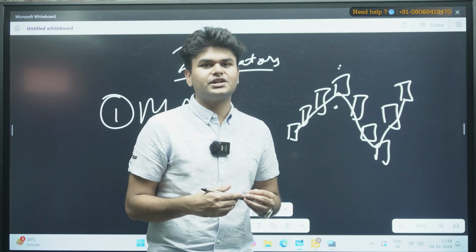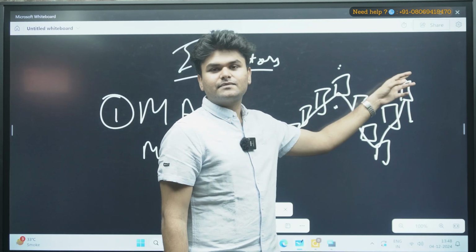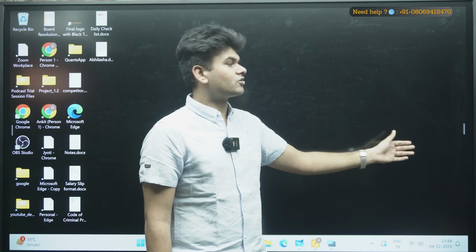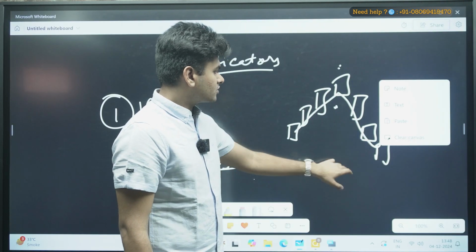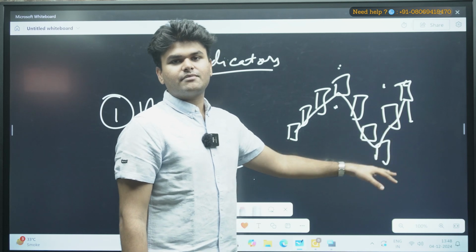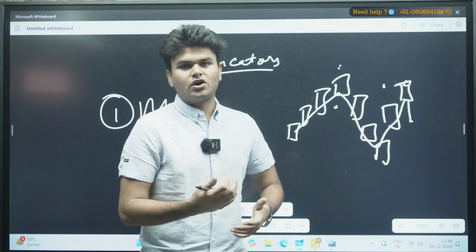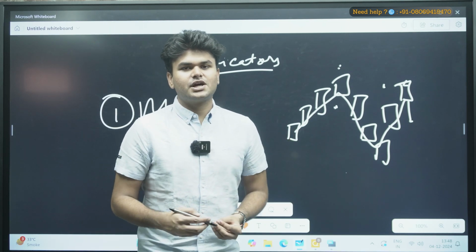Let's suppose the price is crossing above the MA, that means somewhere you can find a bullish trend. If the price is crossing below the MA, that means you are seeing that the price is going to fall down. So this way you can identify the trends with the help of the MA.